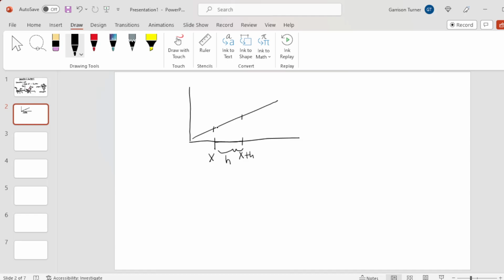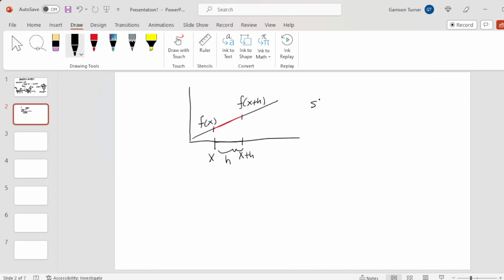And so the slope, let's see if we can actually sharpen that up a little bit. The slope along this line is going to be the function evaluated at my point just a little bit beyond my original point, minus the function evaluated at the original point, then divided by the width between x and x plus h.